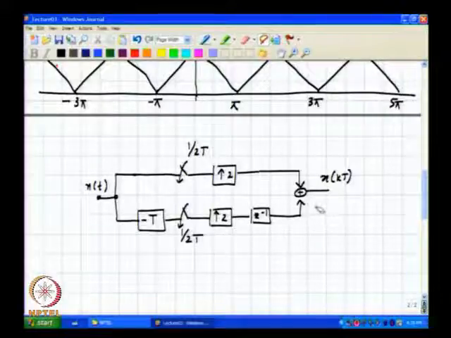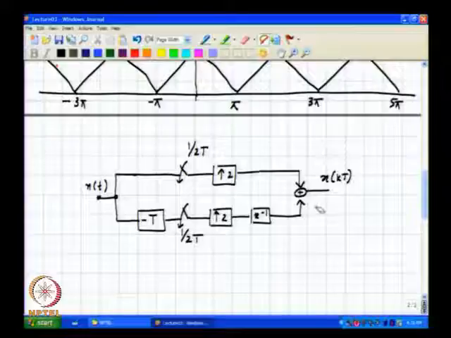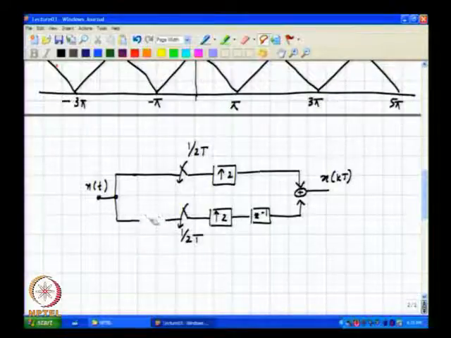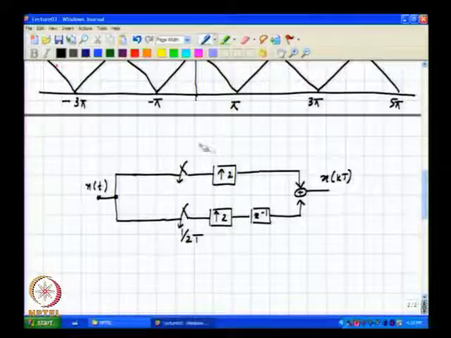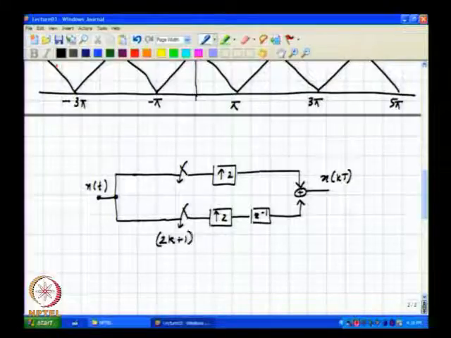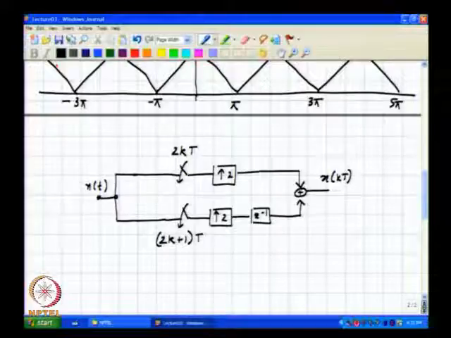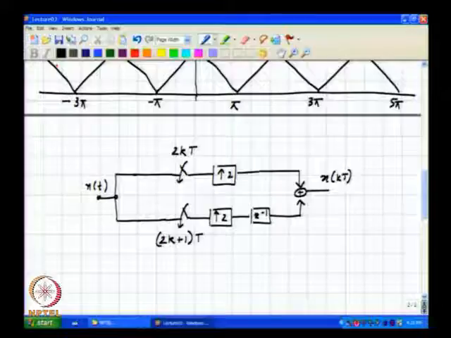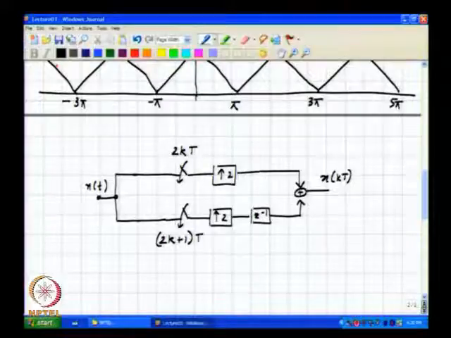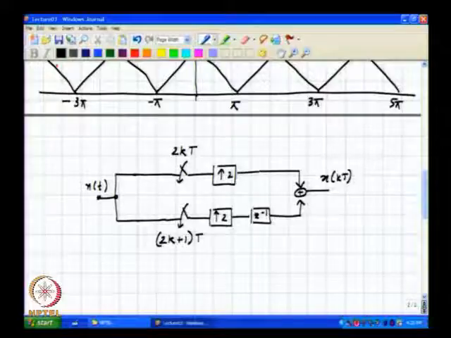As I said, a practical realization of this approach would basically have two sample and holds, one sampling at all odd multiples of T and one sampling at all even multiples of T. Then you have these two sequences and you interpolate up by a factor of 2 by inserting zeros, then move one of the sequences by one sample and add the two.